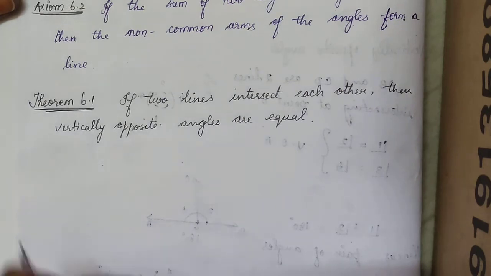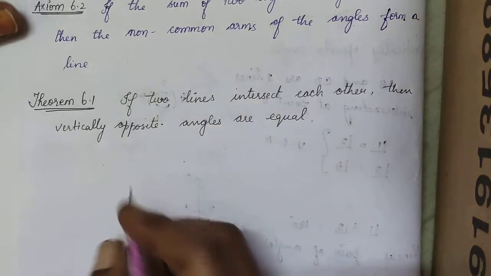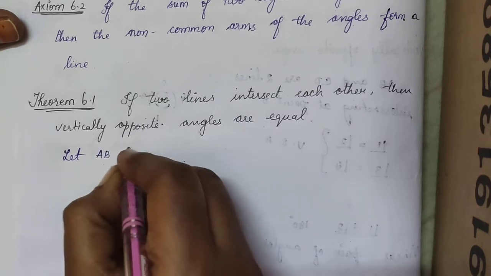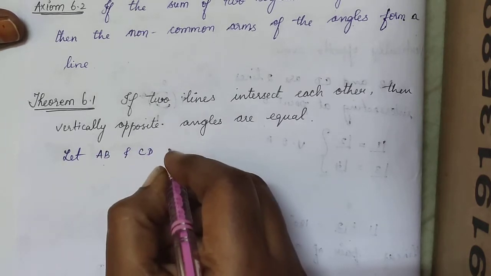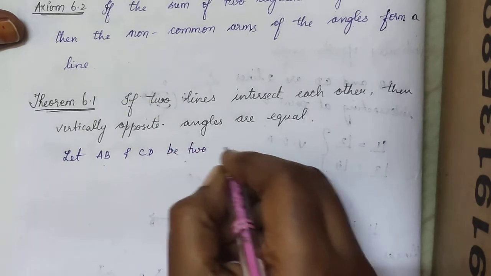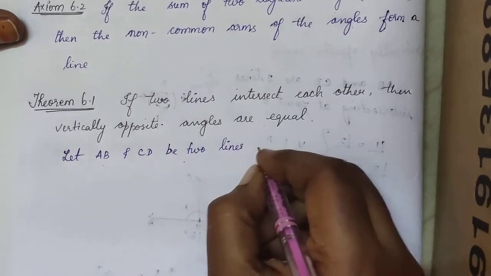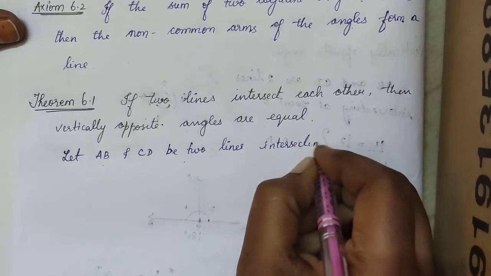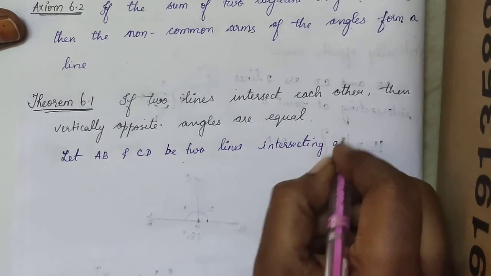Now first consider what are the two lines. Let AB and CD be the two lines intersecting at O.